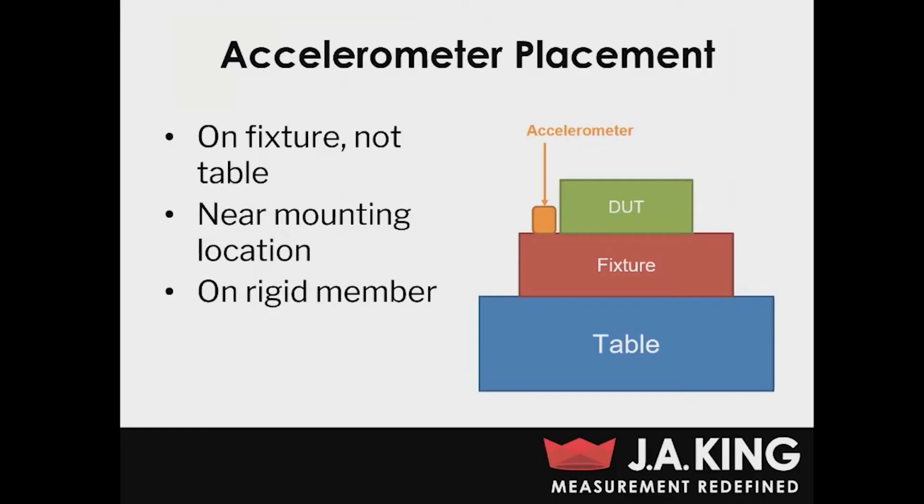One exception of this is, for instance, if you're performing transportation testing. For these tests, a lot of times there actually is no fixture. You're just placing the DUT directly on the table and letting it move about freely during testing. So in this case scenario, you actually would place your accelerometer directly on the table itself for control.